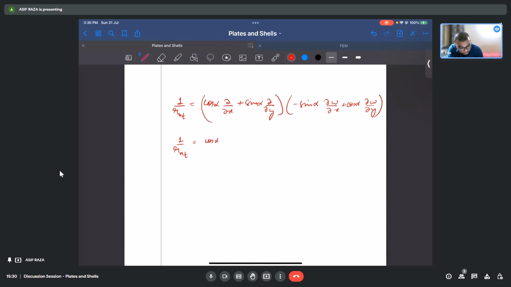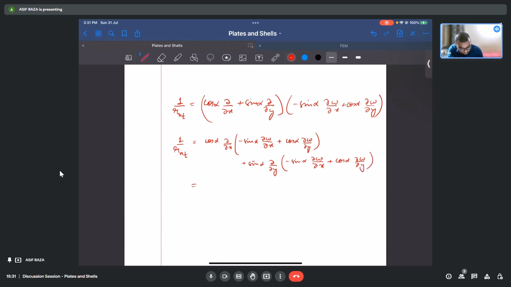So this will give me ∂/∂x of (ρ ∂w/∂x) plus cos α, plus sin α ∂/∂y of (−ρ ∂w/∂x plus cos α ∂w/∂y).